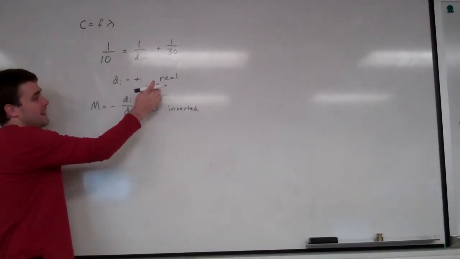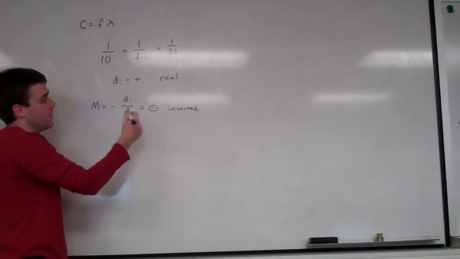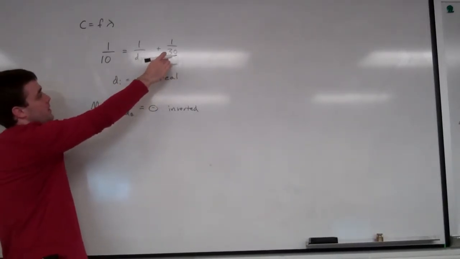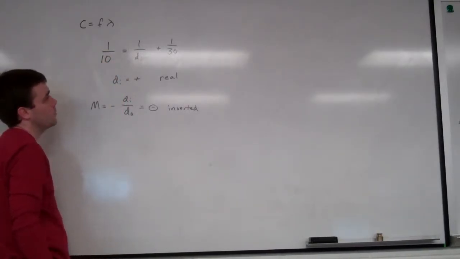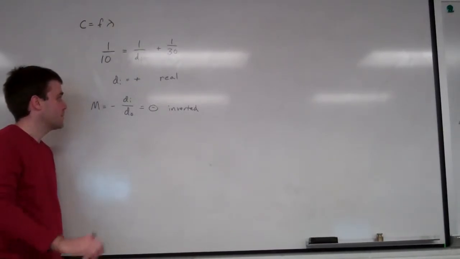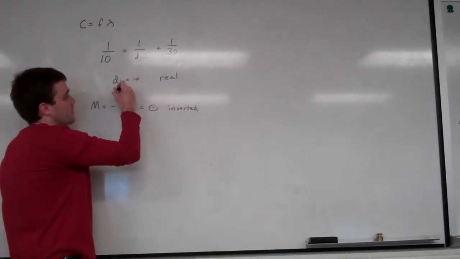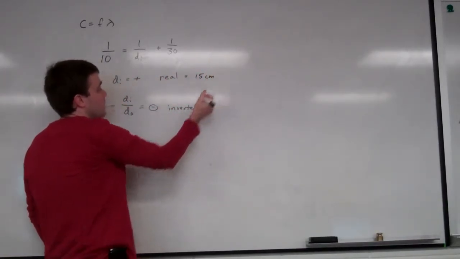So, if it's real and inverted, now let's just do it. What's 1/30th minus 1/10? 1/15. So DI is going to equal 15 centimeters.